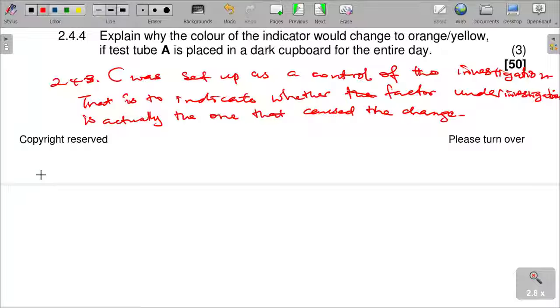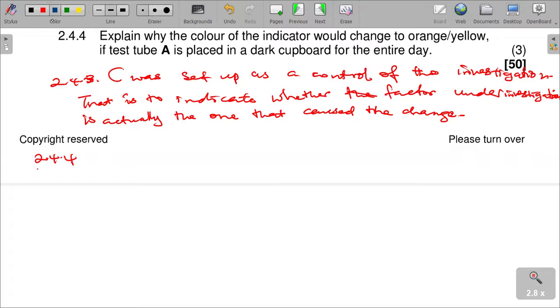And then question 2.4.4: explain why the color of the indicator would change to orange or yellow if test tube A is placed in a dark cupboard for the entire day.